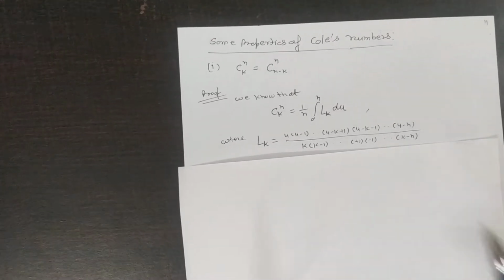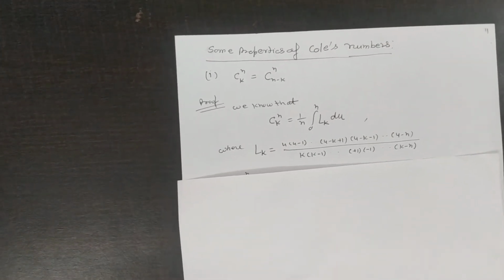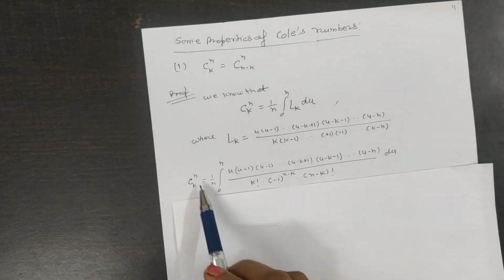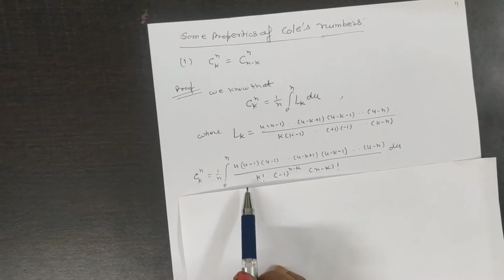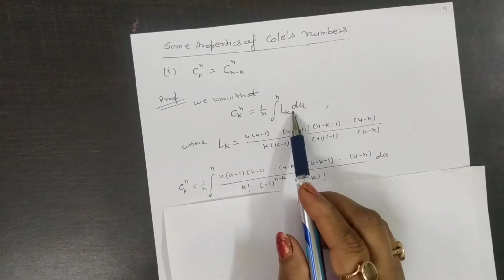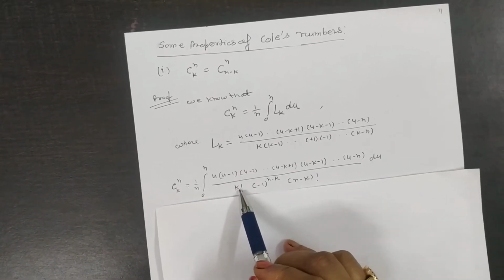So this is now C_k^n. On the LHS, this is equal to 1 by n, and Lk is this one.